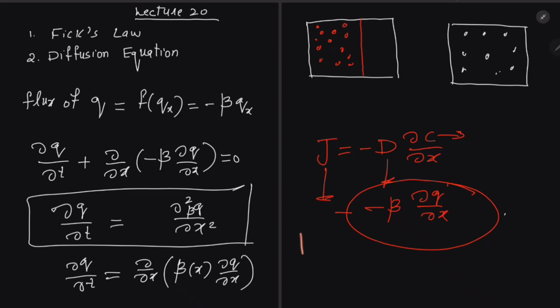Take another example. If we have water and you put in salt, these salt particles will spread out into the water. This is an example of Fick's law and of the diffusion process as well.